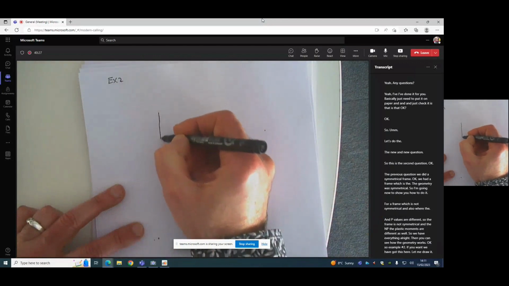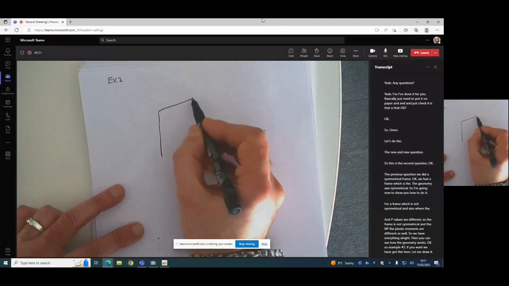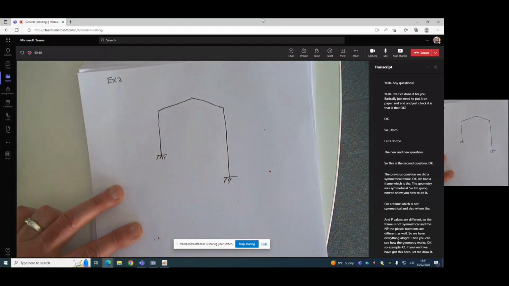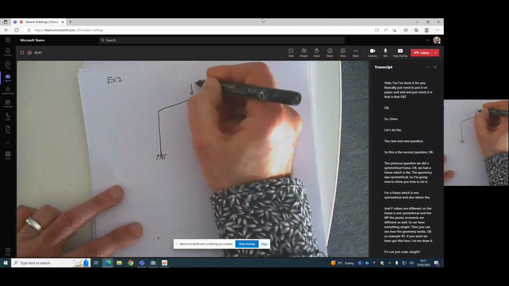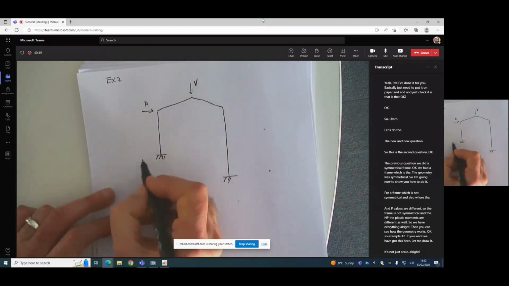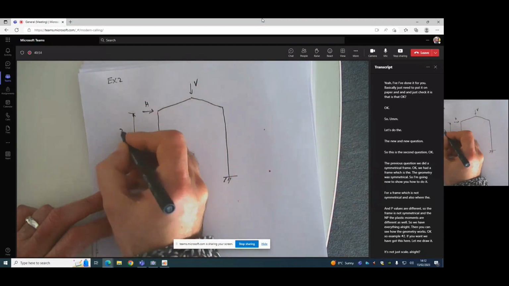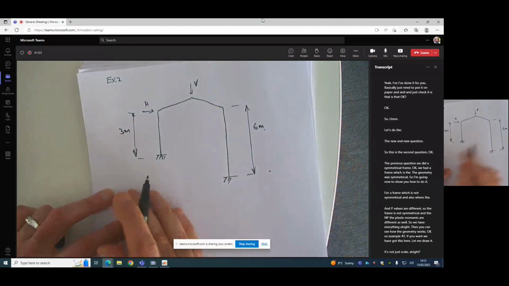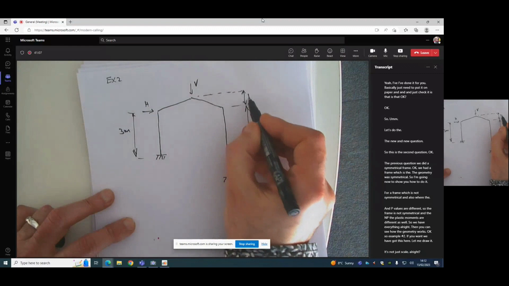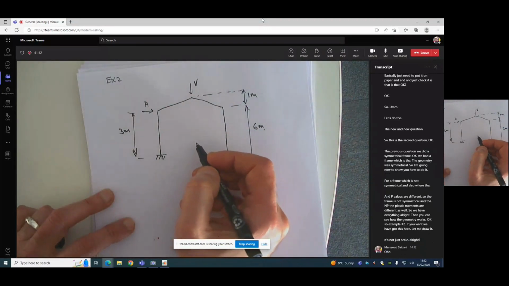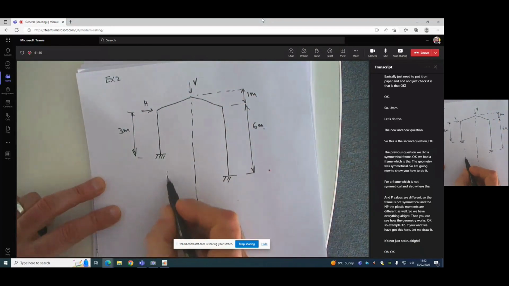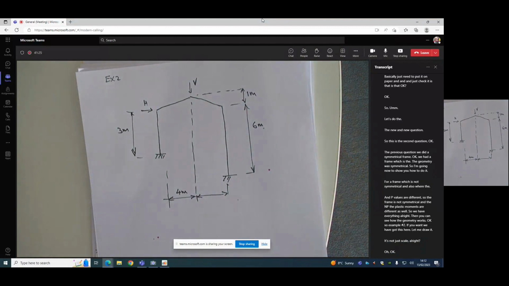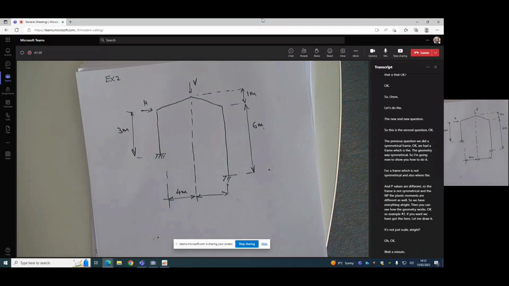Let me draw it. It's not to scale. Wait a minute, I'm just thinking which one I give you, because I've got 3 examples here.